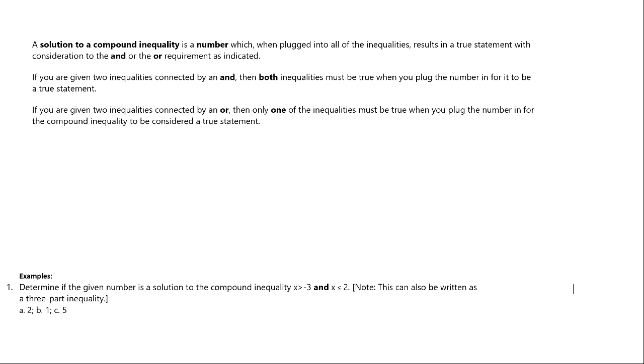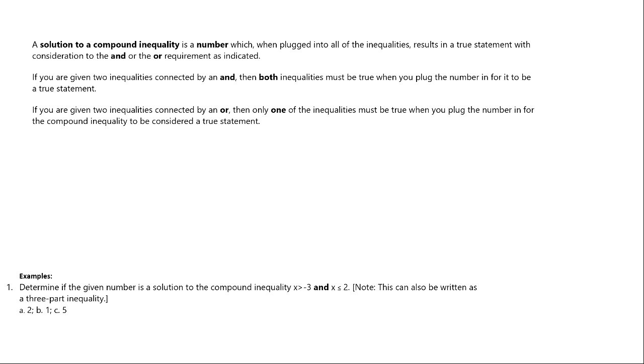For inequalities connected by "and," we need both inequalities to result in a true statement with a number plugged in, versus if we have inequalities connected by "or," we only need at least one of the inequalities to be true in order for the overall statement to be true.